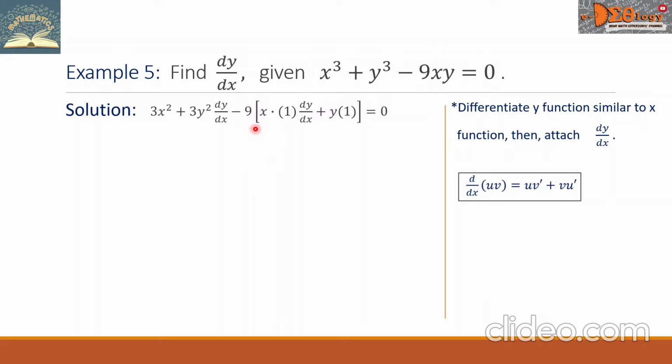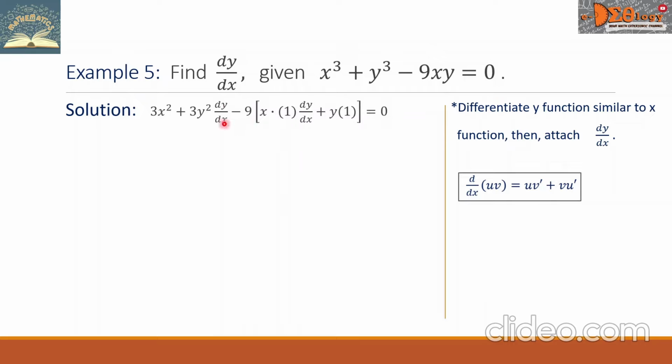And then we will apply the product rule to the x and y as a product. So we start with the x times derivative of y. The answer is 1 times the dy over dx. Plus, we copy the y, then derivative of x, which is 1, equals derivative of 0 is 0.